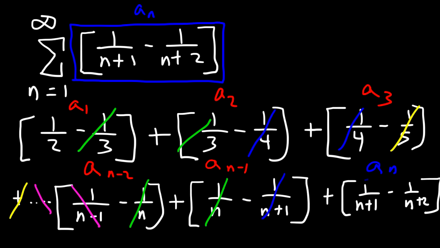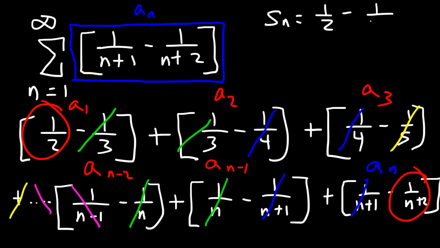And these two cancel. The only two things that will not cancel are the first term and the last one in the sequence. So now this gives us a general formula for s sub n. So s sub n is going to be 1/2 minus 1 over n plus 2.